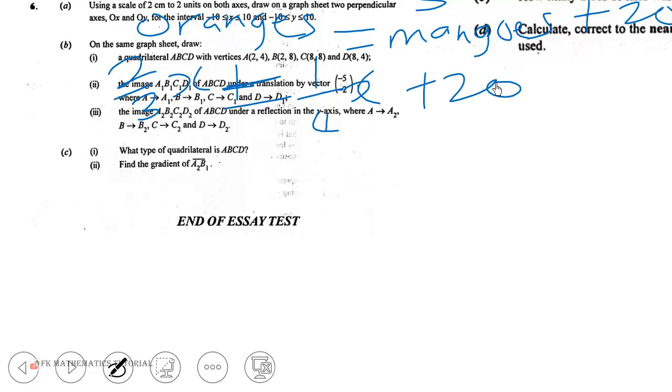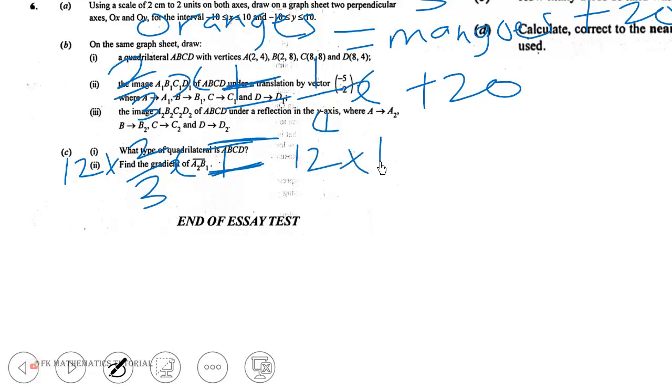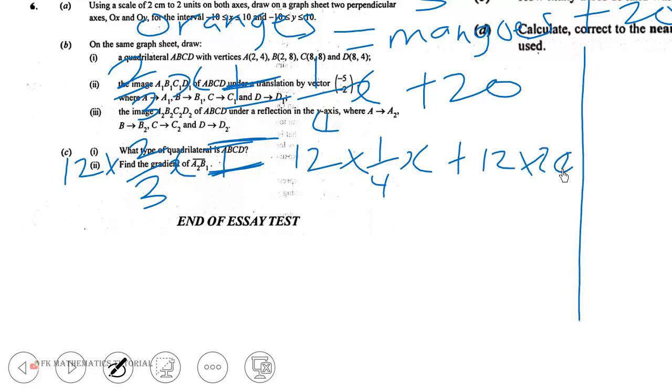Now we have to multiply through by the LCM, which is 12. So 12 times 2/3 x is equal to 12 times 1/4 x plus 12 times 20. So this will go here 4 times, this will go here 3 times.